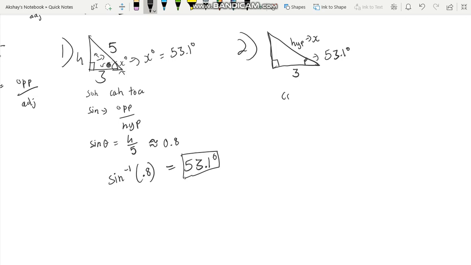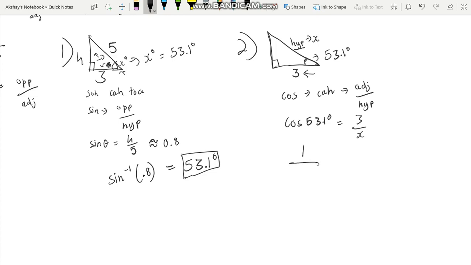So in this case, we use cos, which is adjacent over my hypotenuse. The reason I chose this is because it includes my hypotenuse, which is the side I want to find, and also has a side which I know a value of, which is my adjacent. Now it's a matter of plugging values. Cos 53.1 is equal to my adjacent, which in this case is my 3, over my hypotenuse, which is what I want to find.